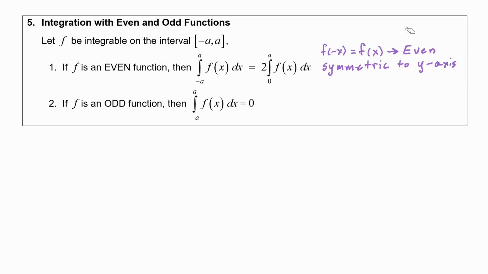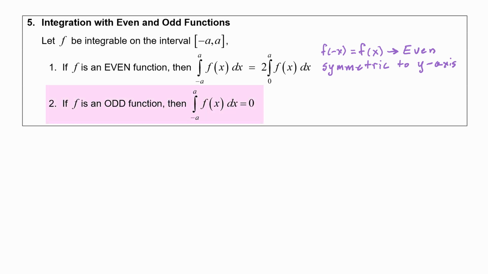So when you have an even function and you're doing a symmetric integral from negative a to a of f of x dx, you can choose instead to just look at the positive side from 0 to a, find that integral, and double it.